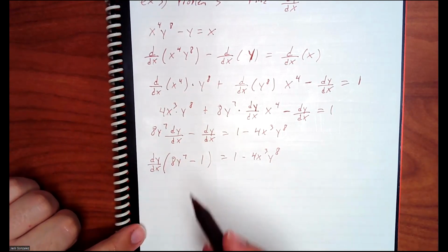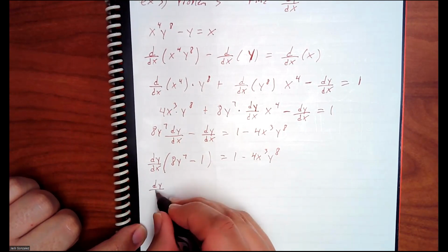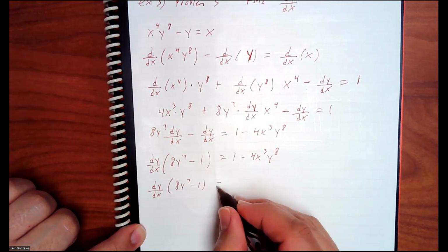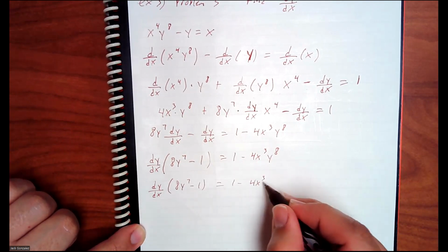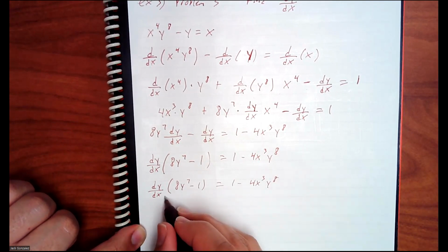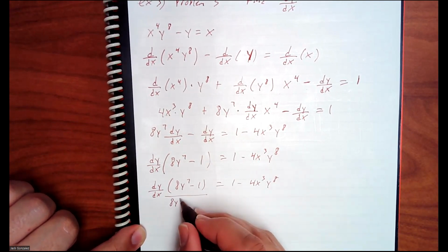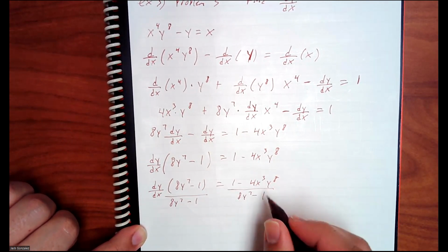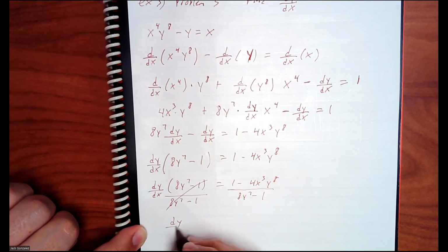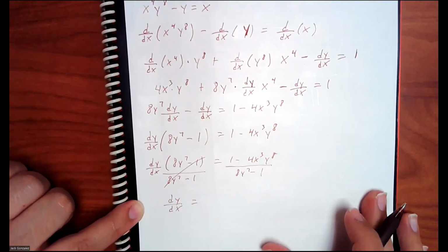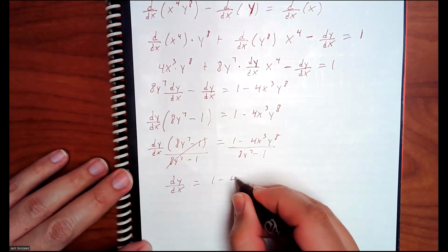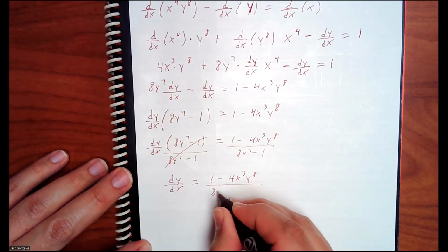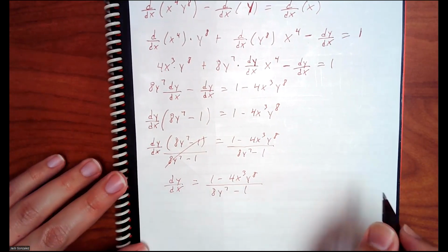So divide this on both sides and we're done. So dy dx is equal to 1 minus 4x cubed y8 over 8y7 minus 1.